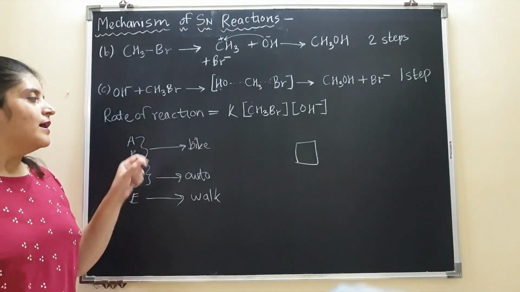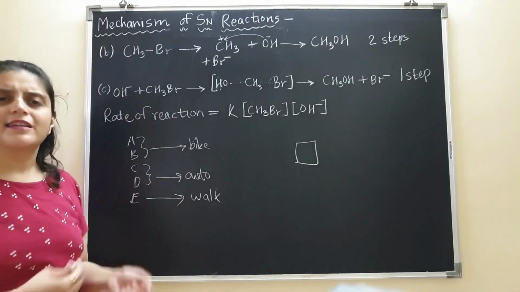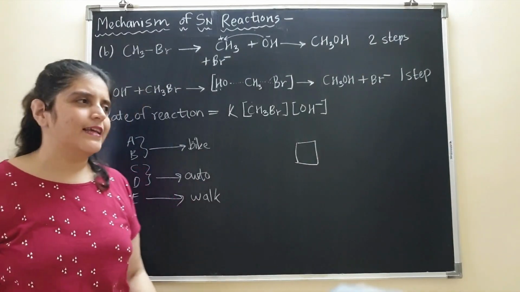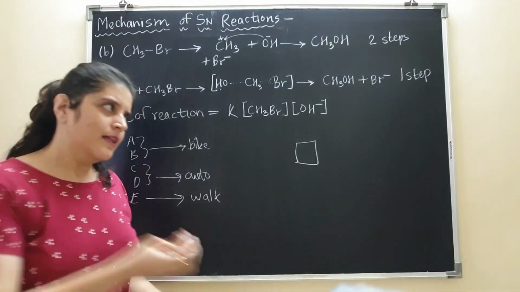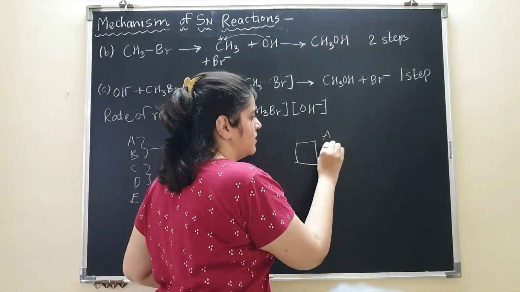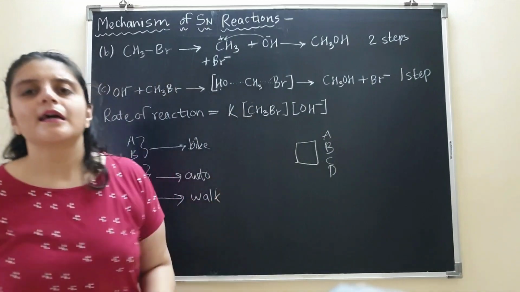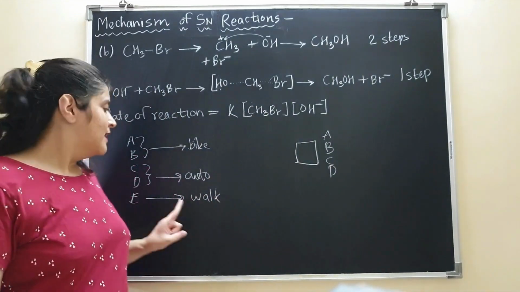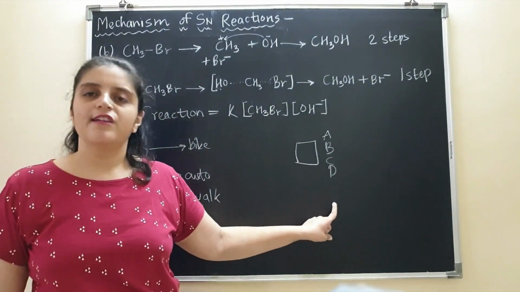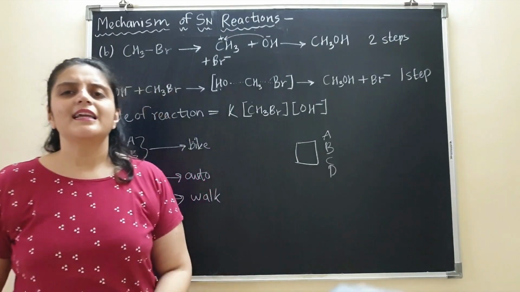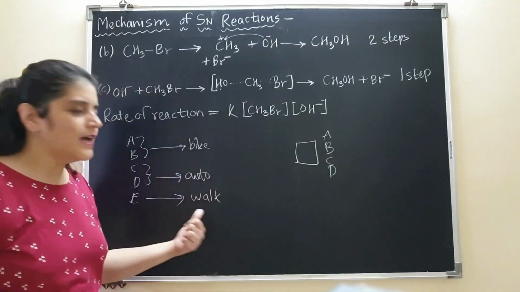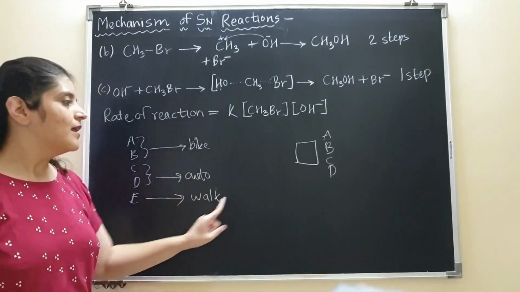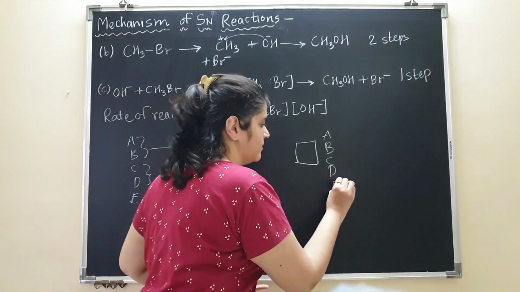So now imagine that it is obvious that out of these, those going by bike and auto will reach first. They will reach over here. But they will have to wait till E reaches by walk. Before E reaches, they cannot start their party, they cannot start their dinner. So therefore, they have to wait till E reaches over here.